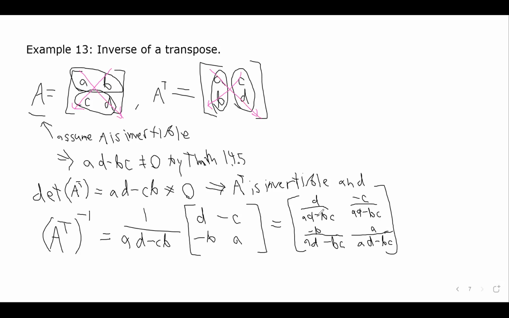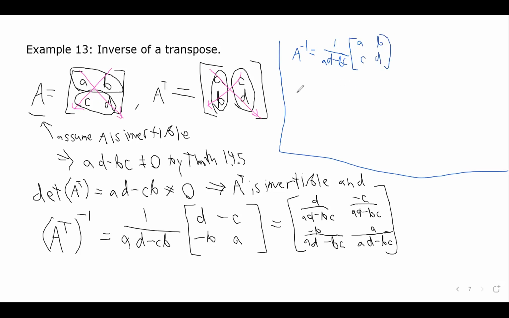And then if you do the same thing with A inverse transpose, you can see it's the same. So if we found A inverse, it would be 1 over AD minus BC times the matrix A, B, C, D. And then if we took A inverse and took its transpose, and I'm going to do this quickly, I'm skipping a little bit here, then you're just switching the rows and columns.